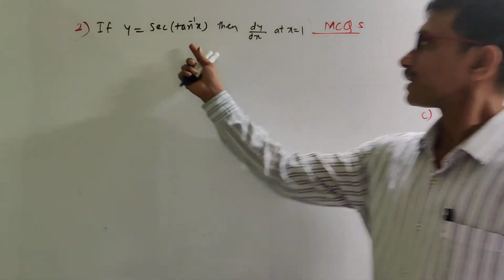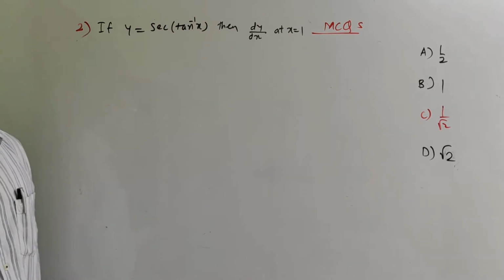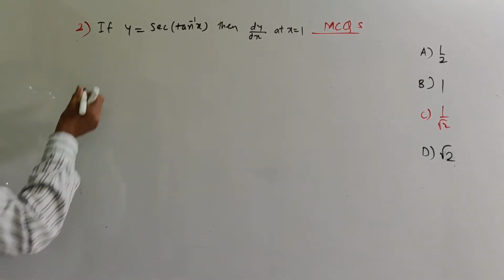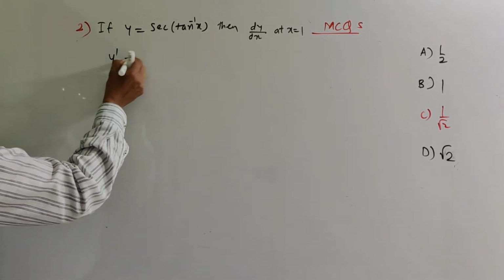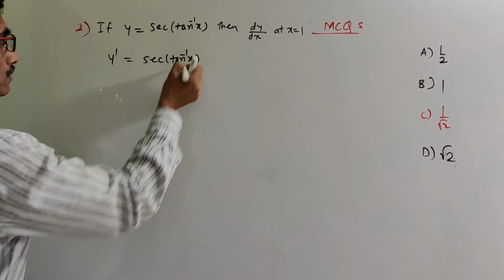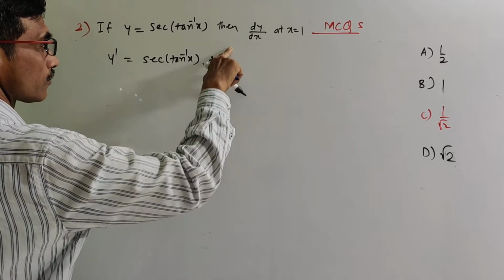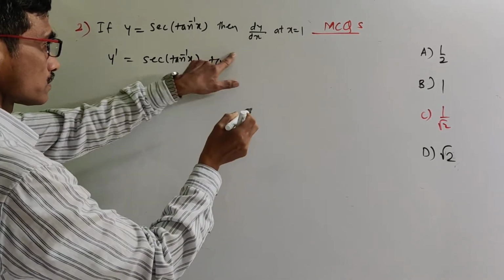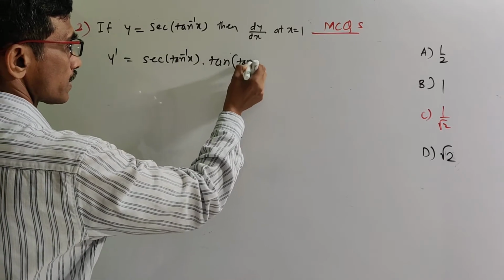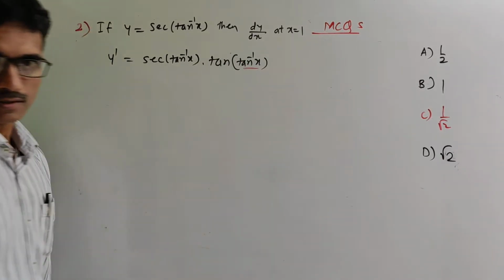Y is sec of tan inverse of x. Derivative of sec f(x) is sec f(x) into tan f(x) into f dash of x. So y dash is equal to sec of tan inverse of x into tan inverse of x and into the derivative of tan inverse of x.